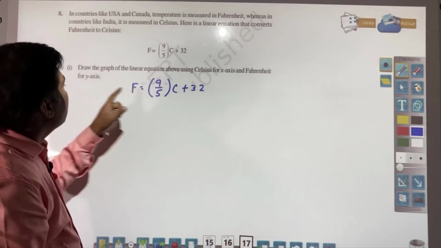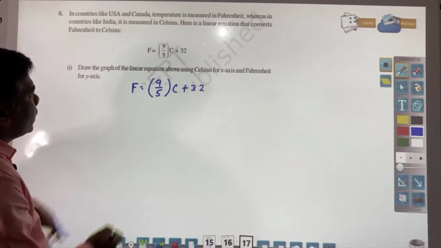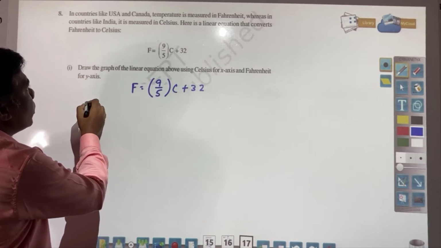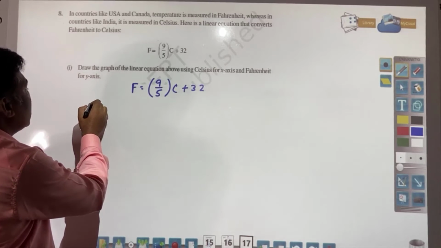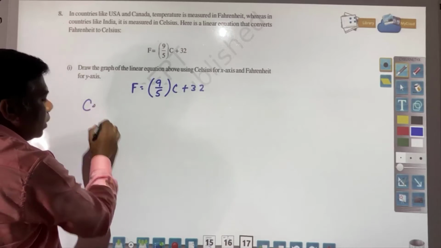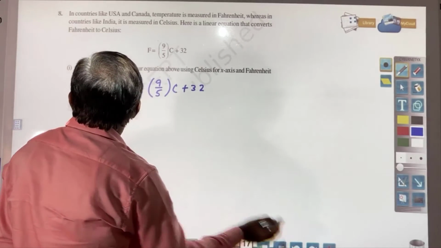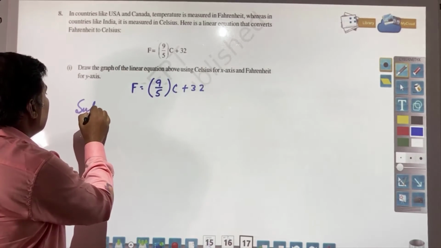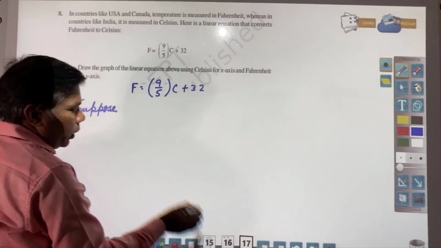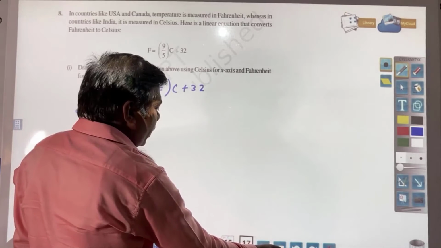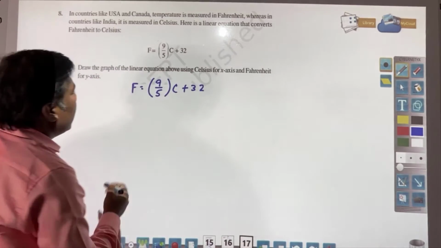Celsius for x-axis and Fahrenheit for y-axis, just to plot the graph by finding out C and F.